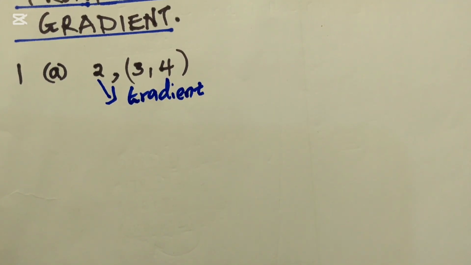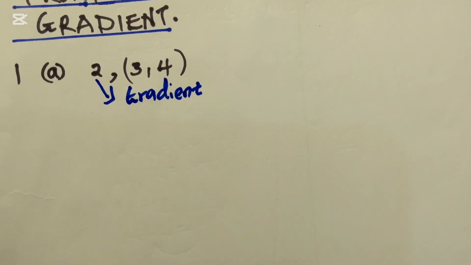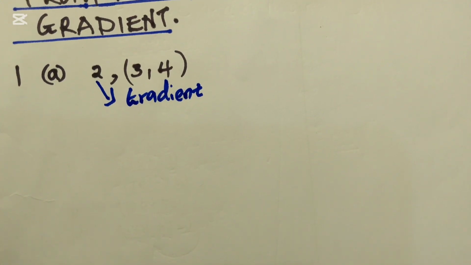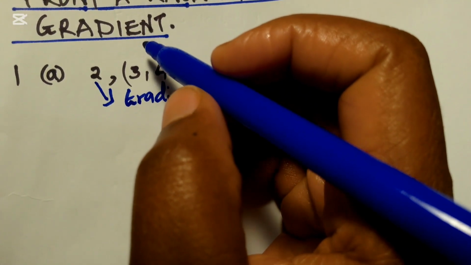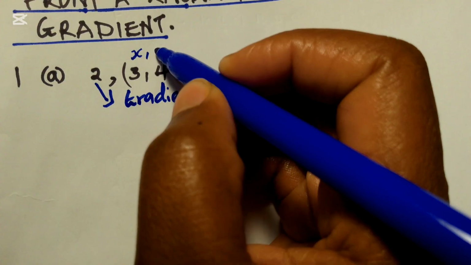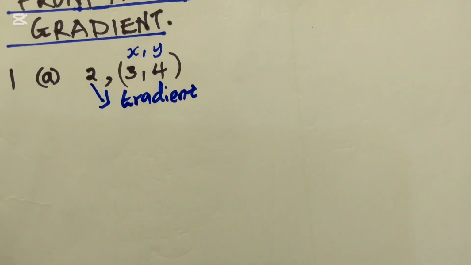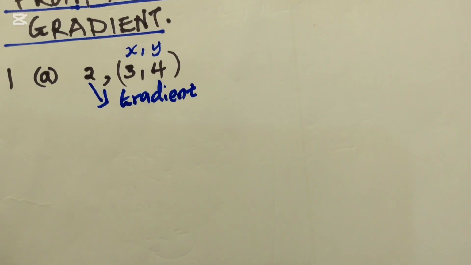I always encourage learners to identify the x and the y in that coordinate, because some learners confuse which is x and which is y. So we write x, comma y. We always start with the x coordinate, then the y.